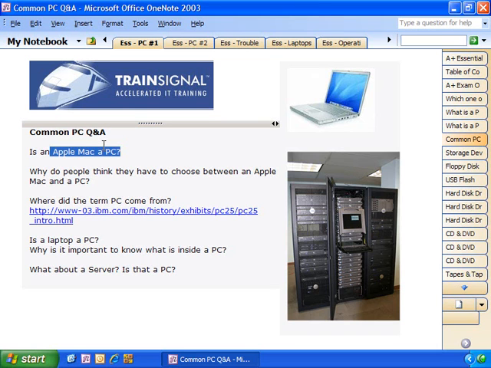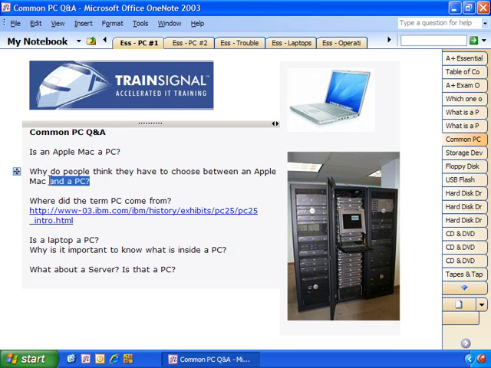So these two have come much closer together than they ever were in the past. But technically, an Apple is a PC. So if somebody says, "Oh, I don't want an Apple, I want a PC," what they're really talking about is they don't want the Apple Macintosh operating system. They want the Windows operating system that commonly runs on personal computers like Dell or HP systems.